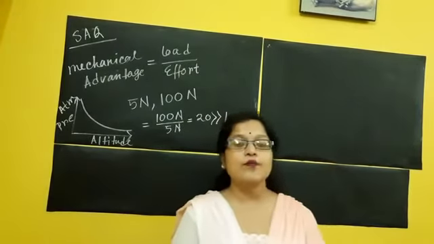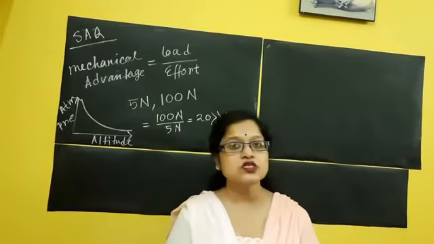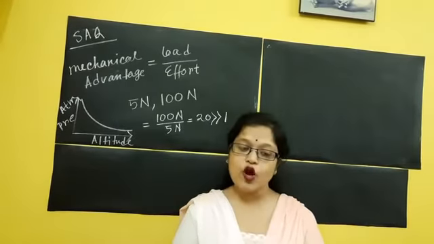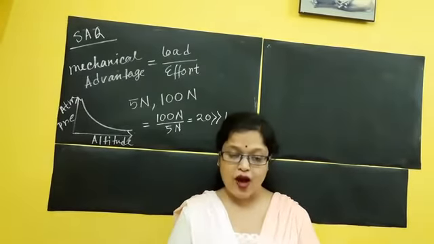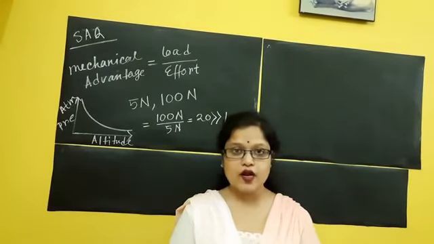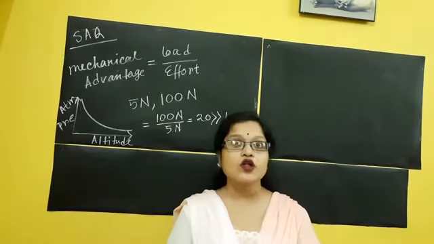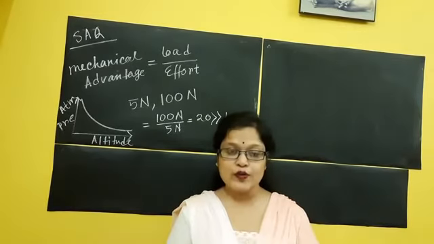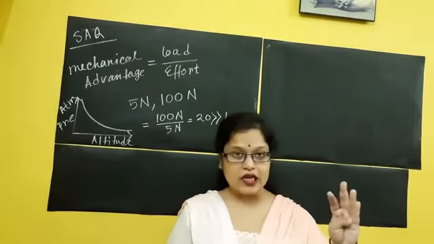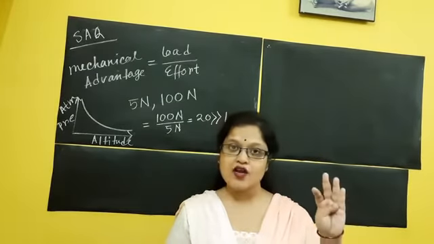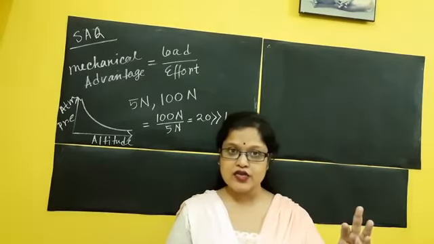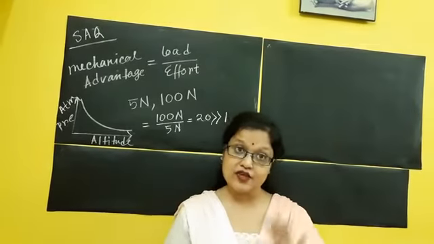We know Pascal's law, and hydraulic machines work on the principle of force multiplier. Three such machines are hydraulic lift, hydraulic press and hydraulic brakes, as given in the book.